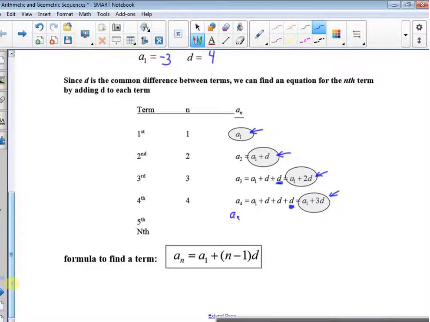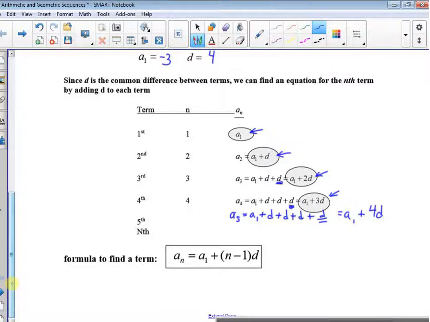So a sub 5 would be a sub 1 plus d plus d plus d plus, now we'd add on another common difference to get a sub 1 plus 4 times the common difference.